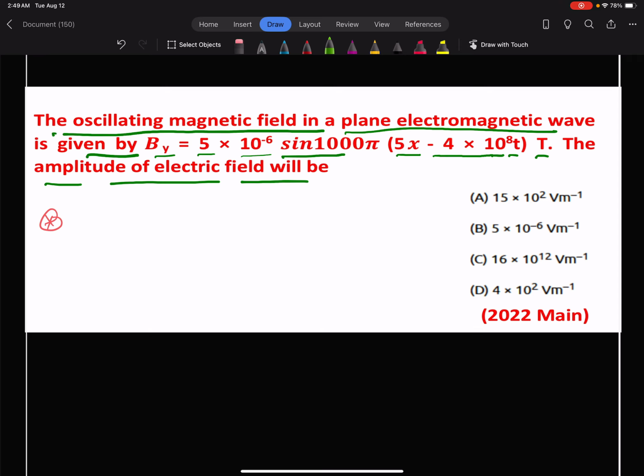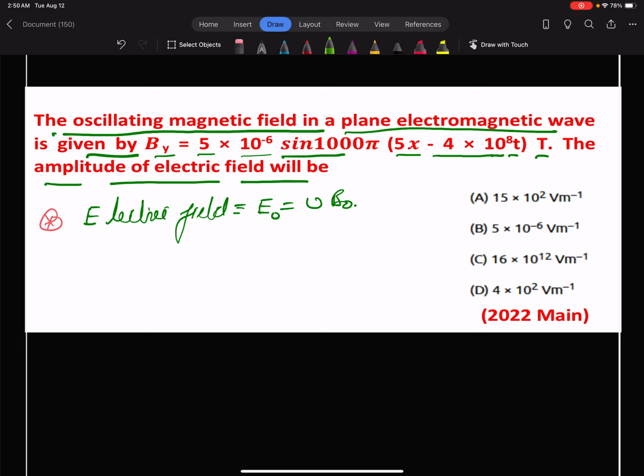In general, let me first write, the magnitude of the electric field E naught will be equal to V times B naught, and V is the velocity of the EM wave in any medium.